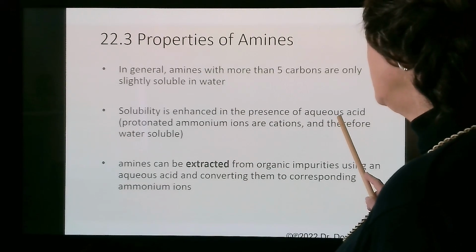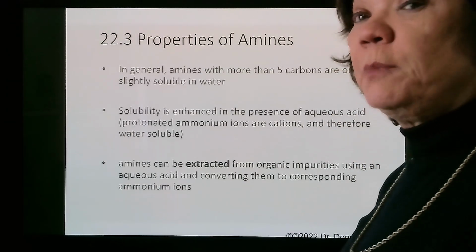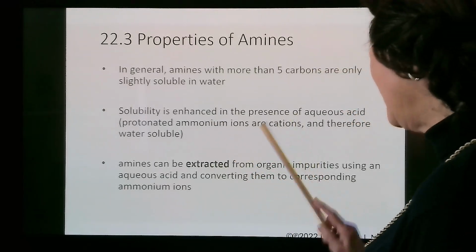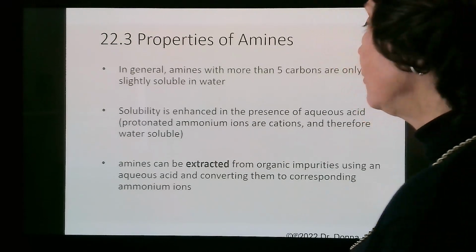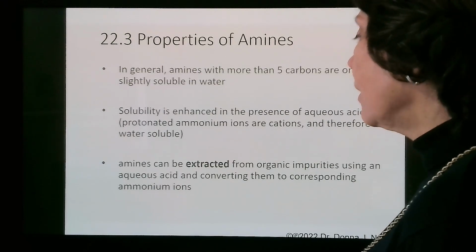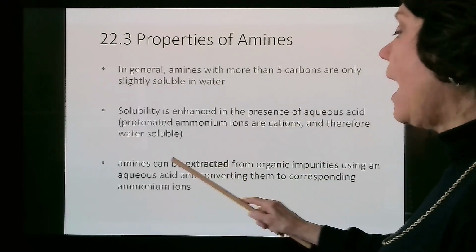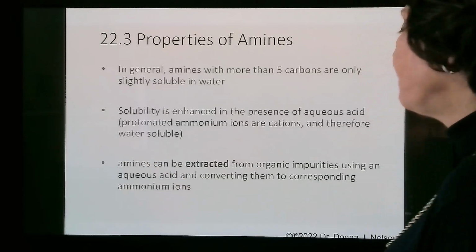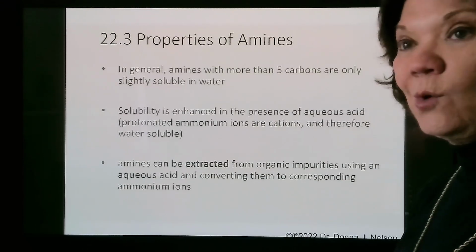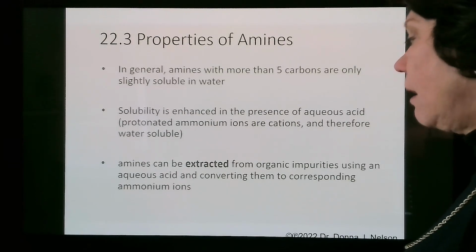Whenever a little bit of acid is added, the nitrogen becomes protonated, and so you have ammonium ions, and those are cations, and there will be counter ions, and so they are going to be soluble in water. That means that can be used to extract the amine and separate it from the organic impurities using aqueous acid and converting them to the corresponding ammonium ions.